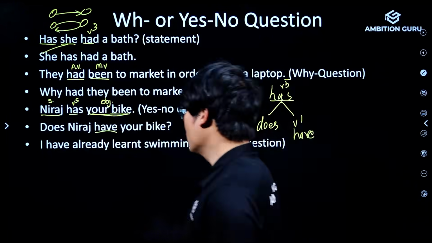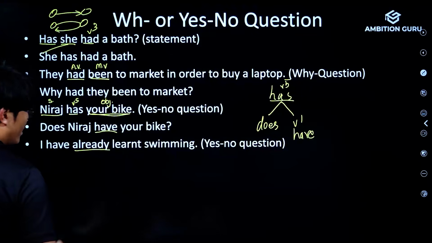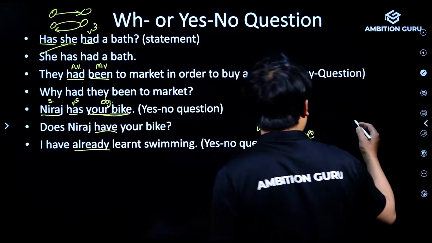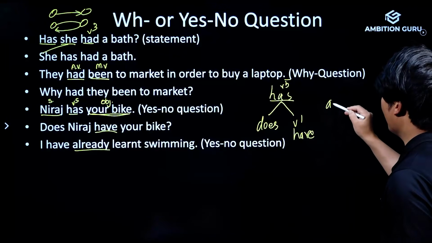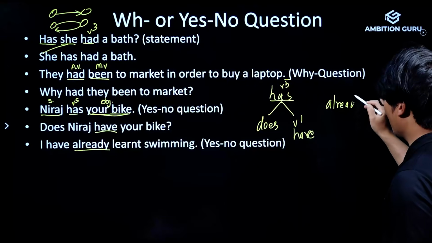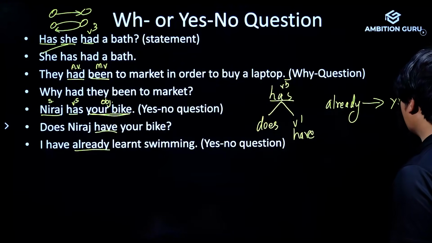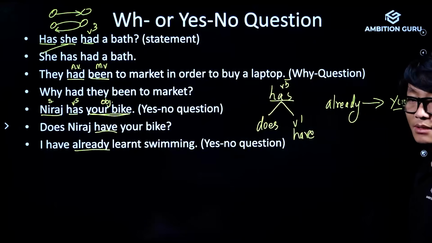You need to understand that when there is already, an adverb, the negative should be changed. Look, let me tell you. Already, the negative of already is yet, which is written at the last.